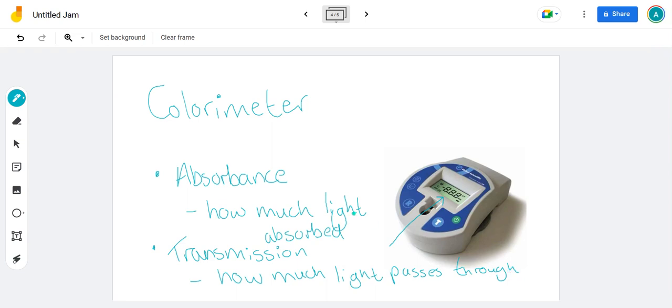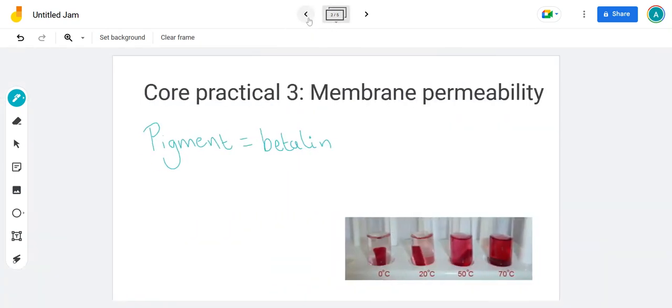So that's what a colorimeter is: you can measure the amount of light absorbed by your liquid, i.e., how much doesn't come out the other side, or how much is transmitted.